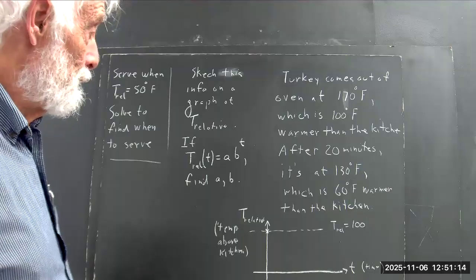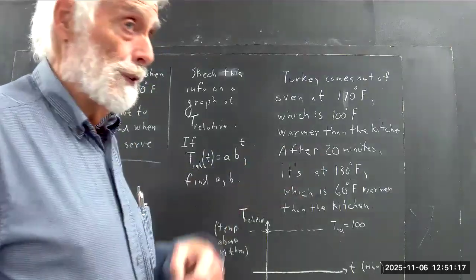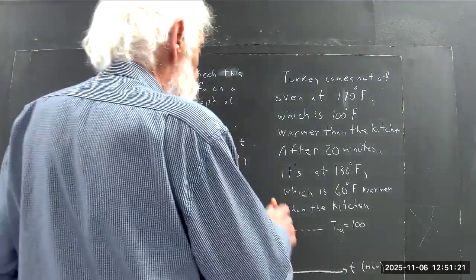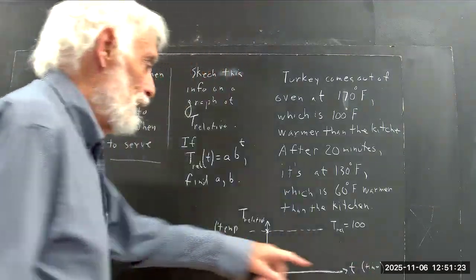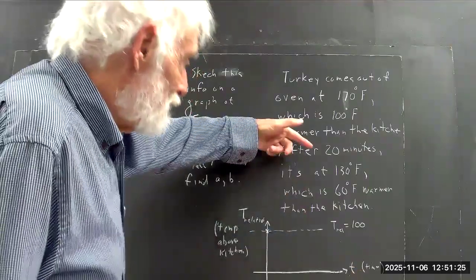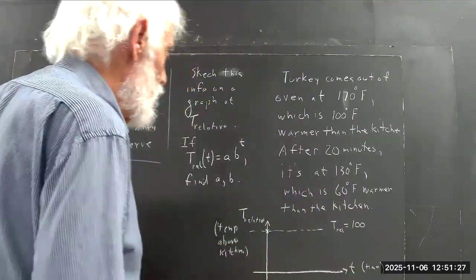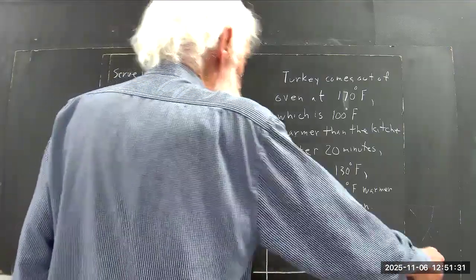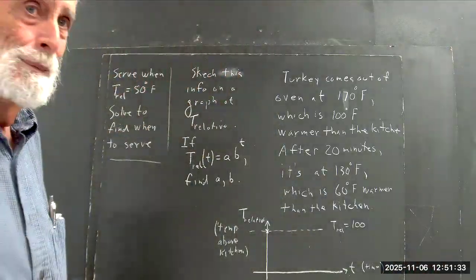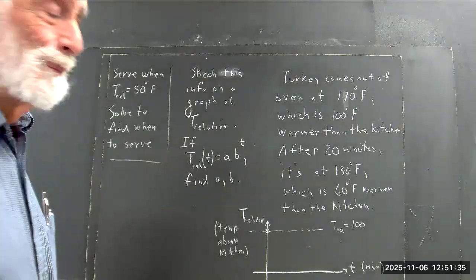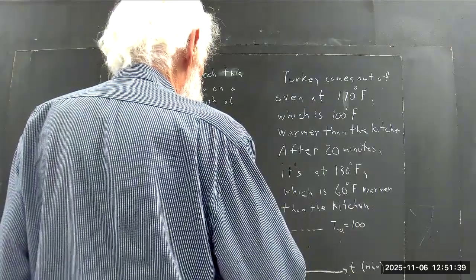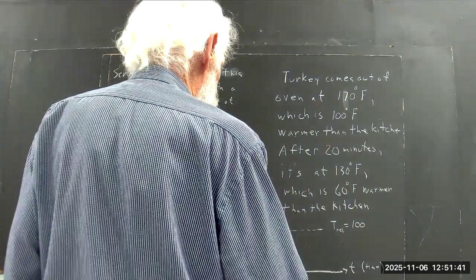And then you have 20 minutes. What's 20 minutes? Well, we're going to draw a vertical line for T equals 20 minutes because time is measured on this axis. And we don't want to draw 20 minutes way out here because it might take a couple hours for the temperature to come down to what we want. So we'll probably put 20 minutes at a comfortable distance from the axis, but not right on it.